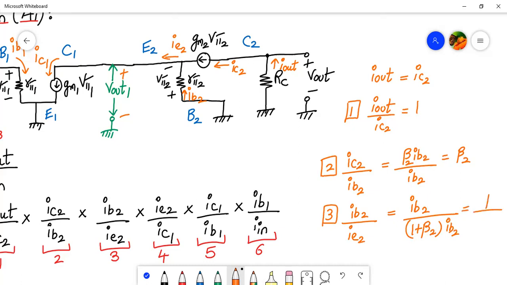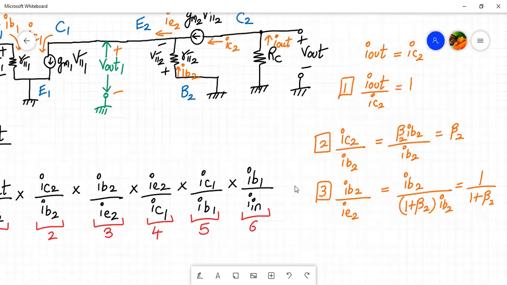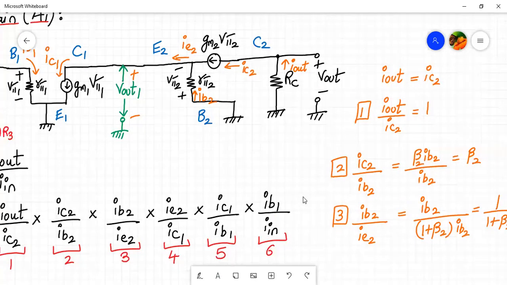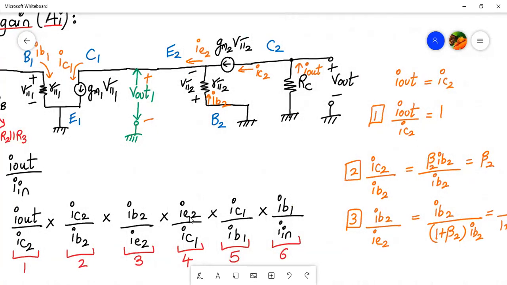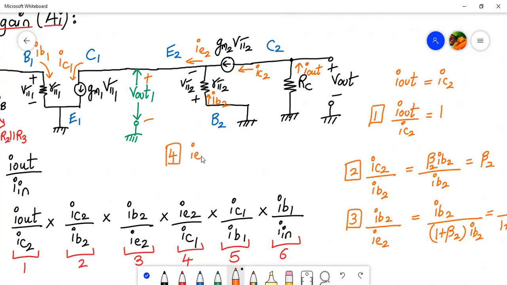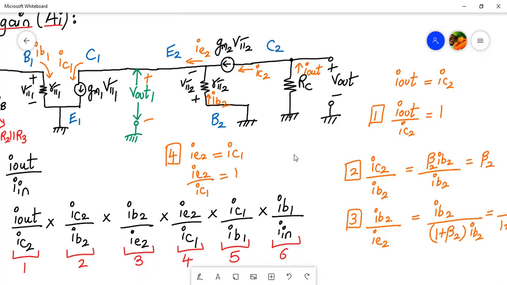So what is left out is 1 upon 1 plus beta 2. So third term is also very clear. Now next is IE2 divided by IC1. If you see carefully, IE2 and IC1 are one and the same. So the fourth term, IE2 is equal to IC1. So IE2 divided by IC1 is equal to 1. So the fourth term is also very clear.